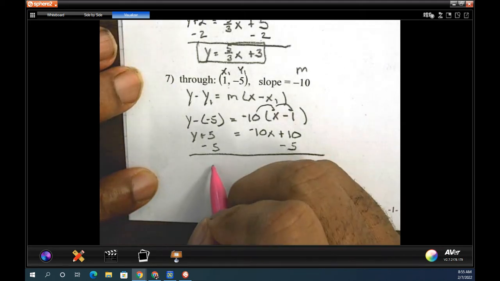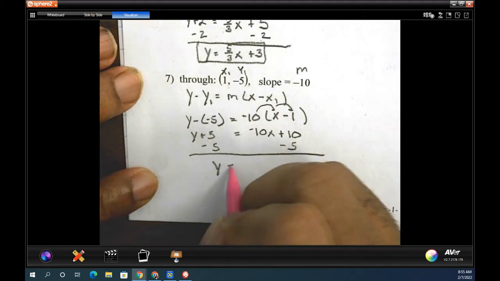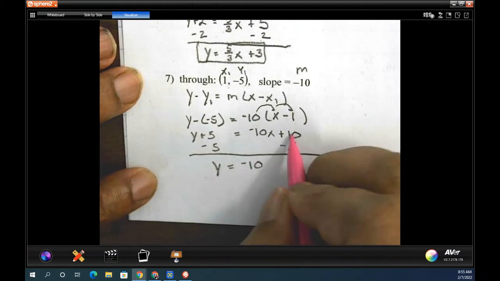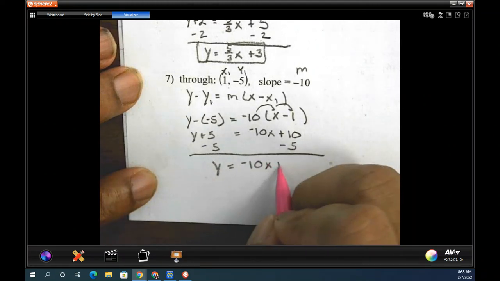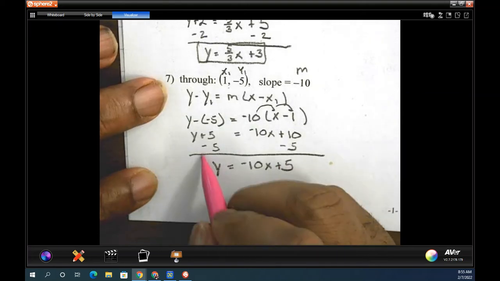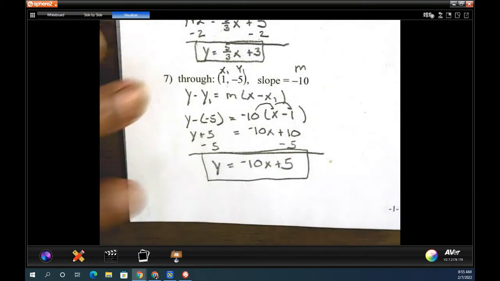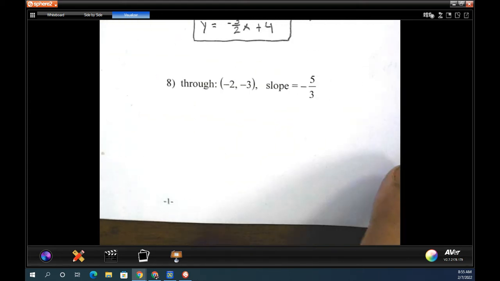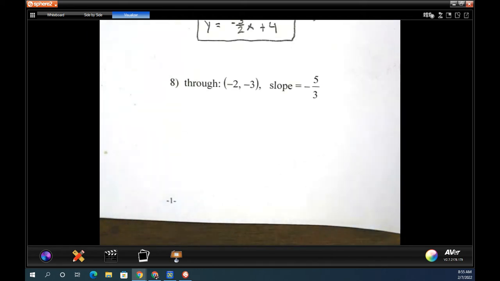So it becomes y equals negative 10x. 10 minus 5 is 5. There we go. Feeling a little better about point slope? All right, try that one. See if you can get the whole thing with the fraction.